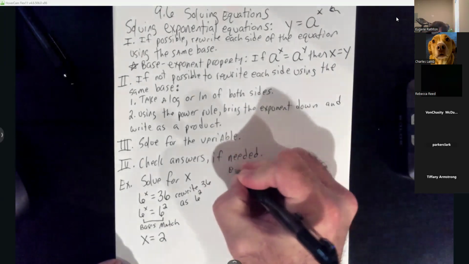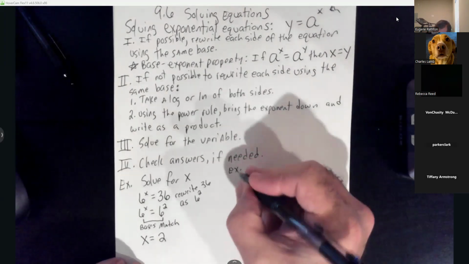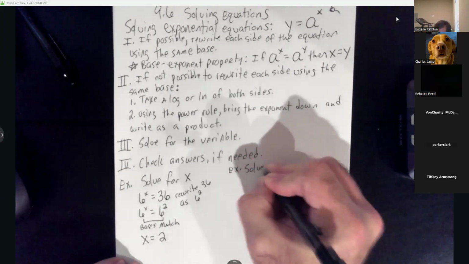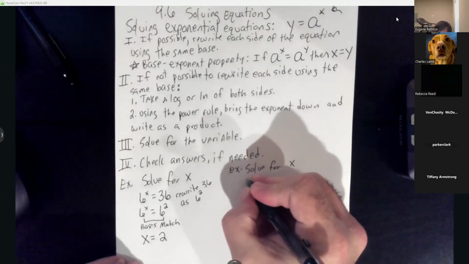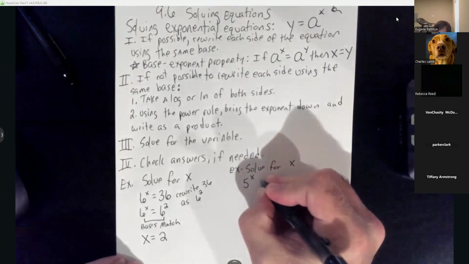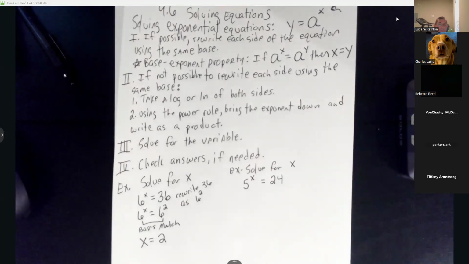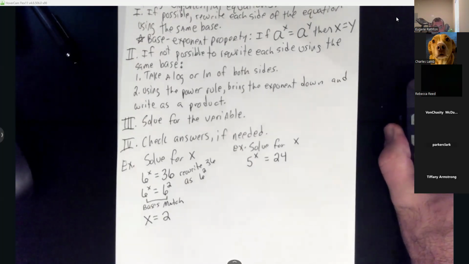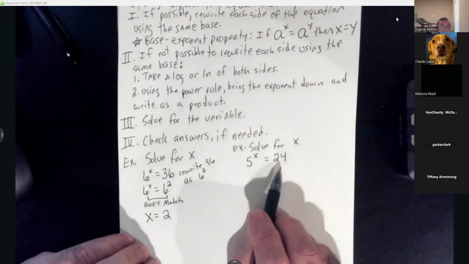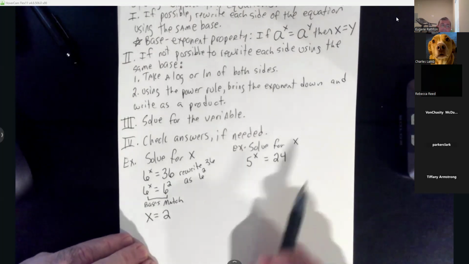All right, y'all, so let me change it up. And let's try this one. We're going to solve for x. So y'all, this one has 5 to the x equals 24. So the question would be if we could rewrite 24 using 5 raised to an exponent.